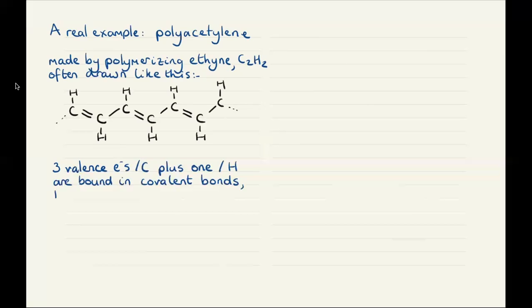But each carbon has one of its 4 valence electrons left over, which goes into its p orbital that's perpendicular to the plane. So it contributes 1, let's call it a pz orbital, which is perpendicular to the plane of the molecule.